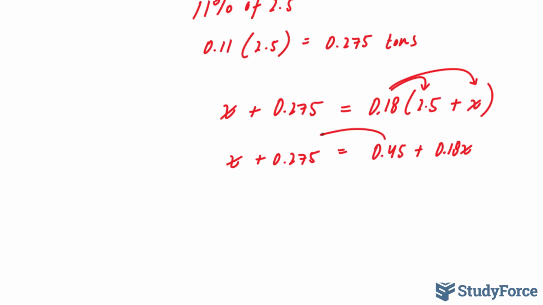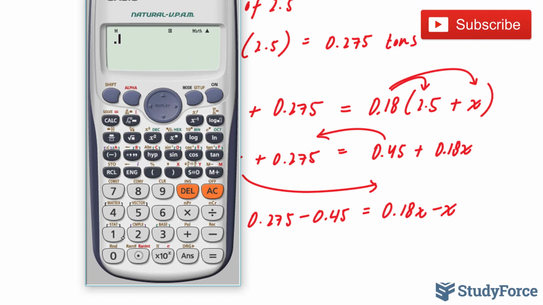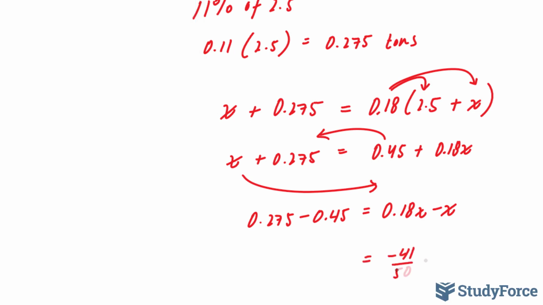Collecting like terms, we end up with 0.275 minus 0.45 is equal to 0.18x minus x. Using our calculator from here, we'll combine these two. So we have 0.18 minus 1, negative 41 over 50, x.